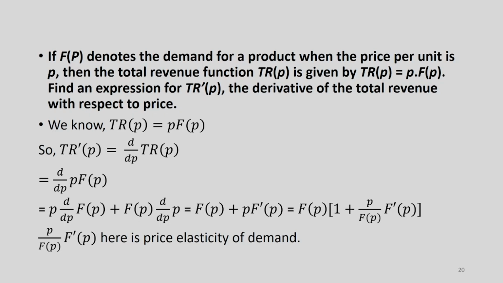Let me just revise this a little bit so that we can go forward. f(p) is the demand function of a product, where p is the price per unit of the good, and given this demand function, the total revenue function is denoted by TR, which is again a function of p, and TR(p) is equal to p multiplied by f(p), that is price multiplied by the demand.